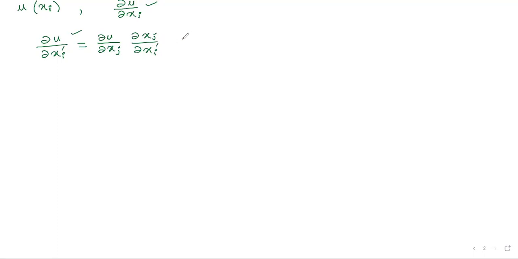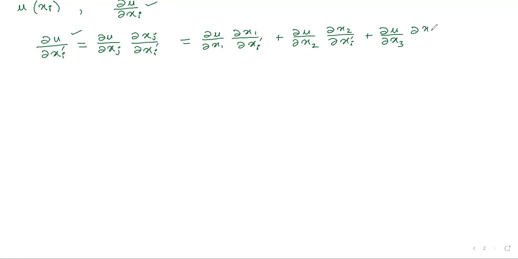Summed over means it is actually this: ∂u/∂x1 times ∂x1/∂xi prime plus ∂u/∂x2 times ∂x2/∂xi prime plus ∂u/∂x3 times ∂x3/∂xi prime. Here j is summed over means we actually have three terms like this.